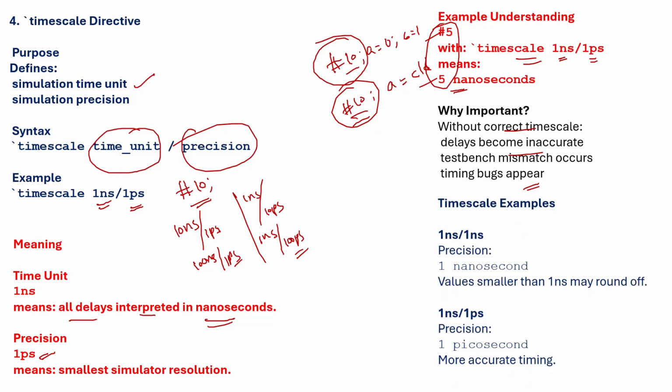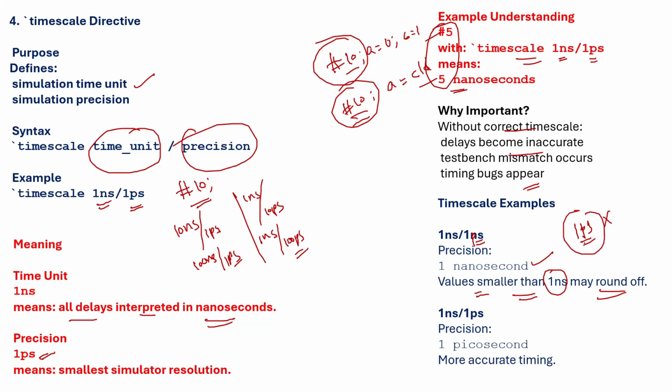See, the precision value, I told you, is a round-off value. With 1 nanosecond by 1 nanosecond, values smaller than 1 nanosecond may be rounded off. Suppose 1 picosecond is there, then this value is not considered.